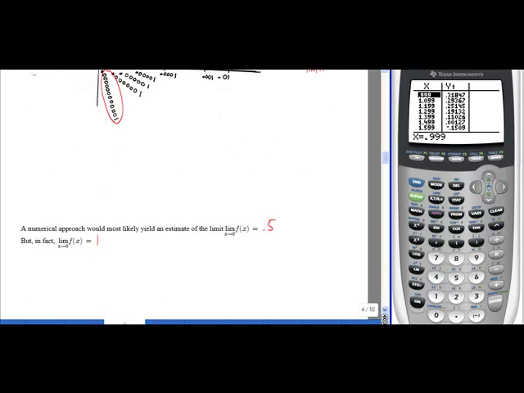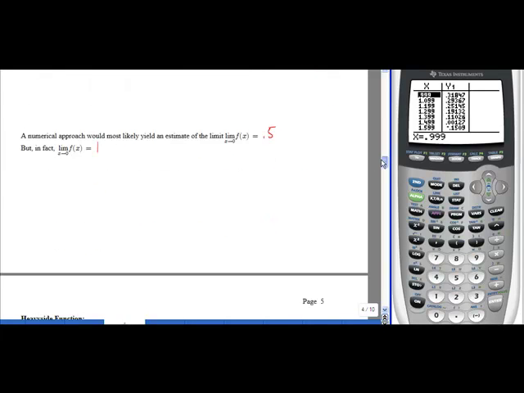So what's the pitfall here? Well, the pitfall on this particular example is that you probably wouldn't have picked small enough x's to get the true limit.